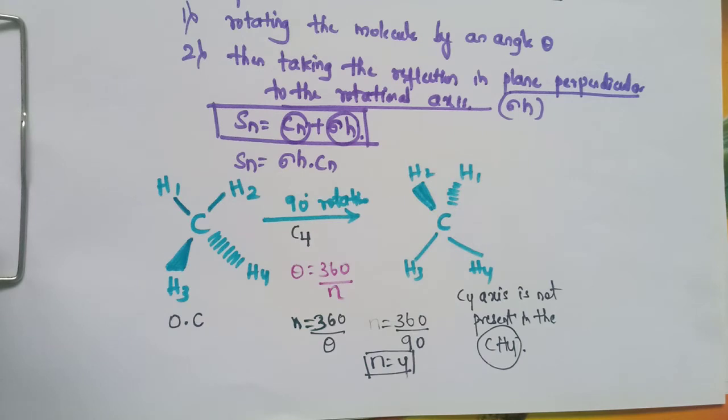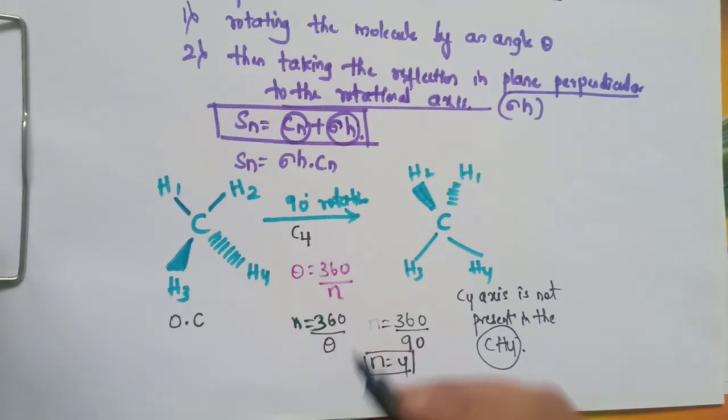Here the important point to remember is that whether proper rotation is absent or present, the molecule will possess an improper rotational axis of symmetry. If proper rotation is present, we will also get an improper rotational axis of symmetry, or if proper rotation is absent, we will still get an improper rotational axis of symmetry. So here proper rotation is absent, that is, the axis of symmetry is absent, but we will get an improper rotational axis of symmetry.